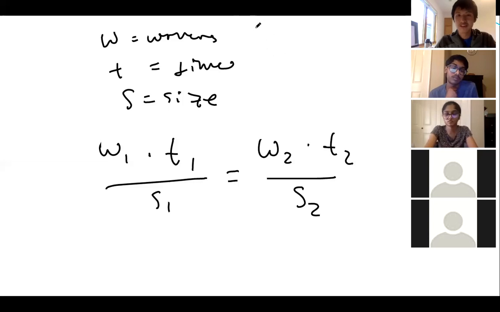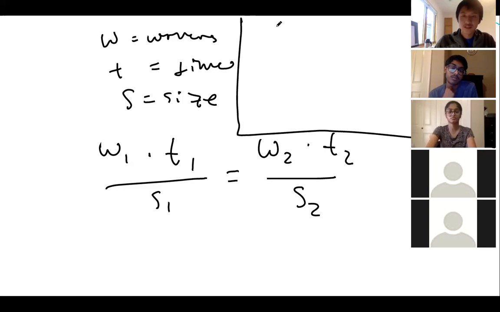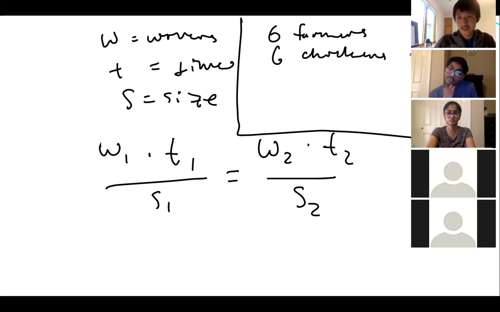So let's say we had, I'll just come up with a small example right now. Let's say we had 6 farmers feeding 6 chickens in 6 minutes.